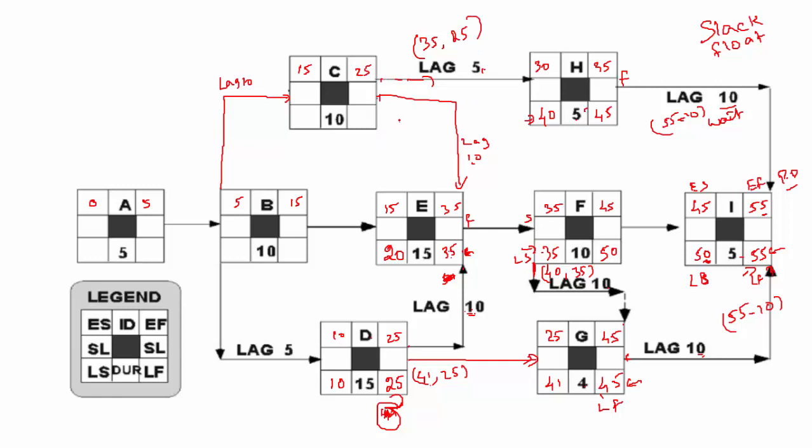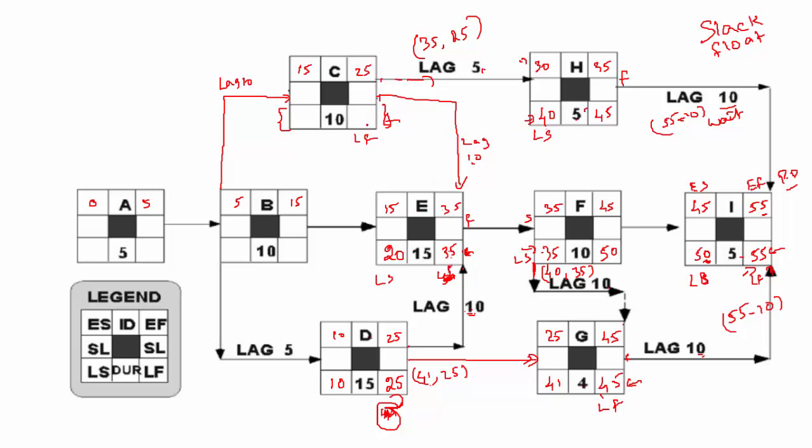Again, when we are doing the backward pass, we are only filling this section, so don't look at the top, look only at the bottom. So this is the late start, this is the late finish. Similarly, late start, late finish. Don't look at the top, just look at the bottom only.